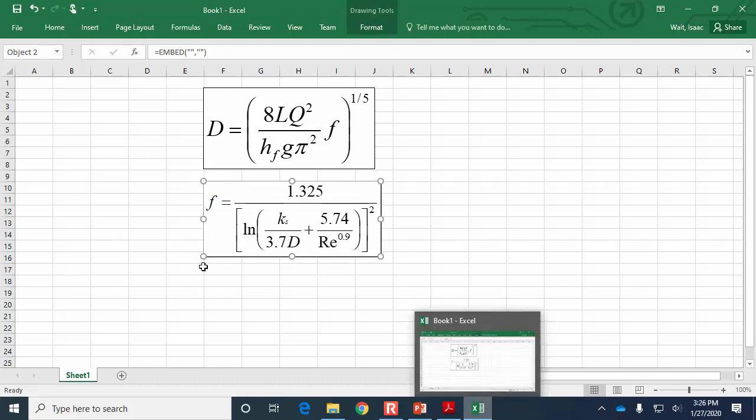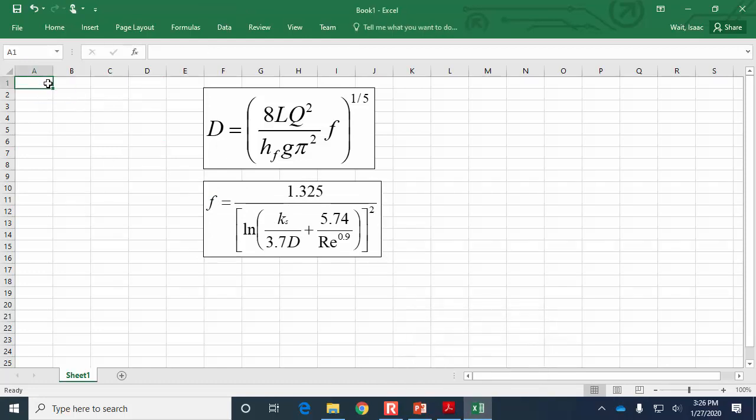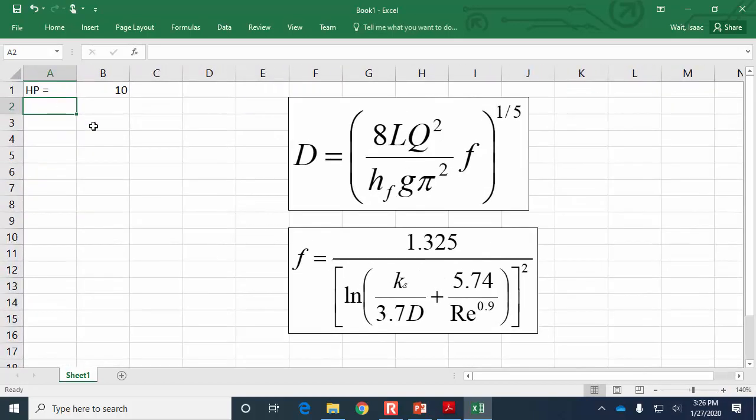Okay. So some preliminary stuff. Horsepower. From the problem statement we know it's 10 horsepower. And the cast iron K sub S, in feet.